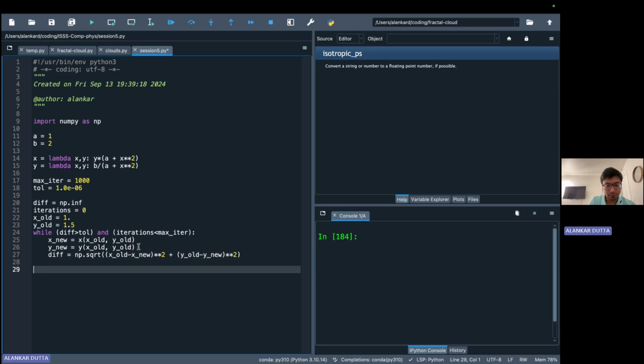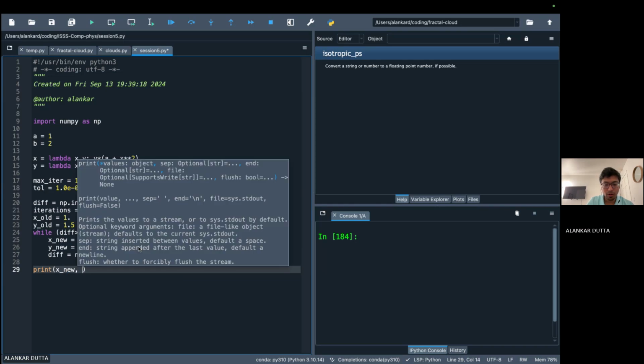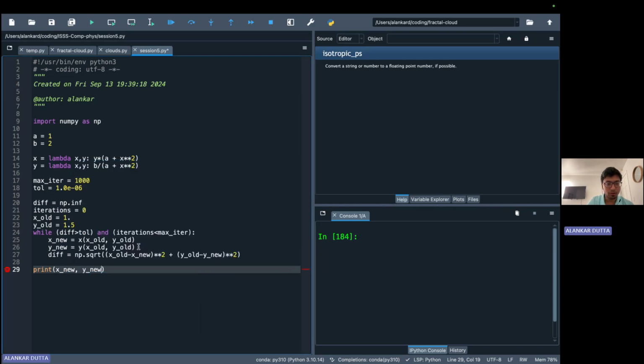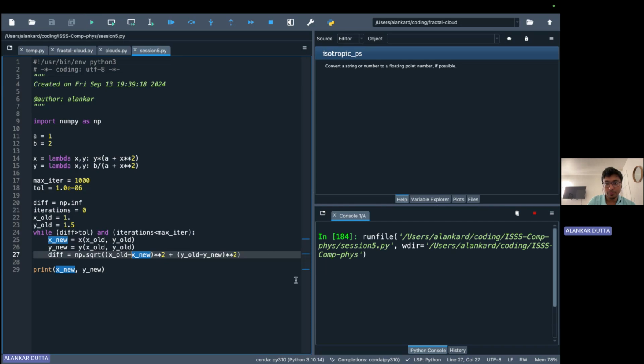And here, now we are going to print x new and y new, just to see what solution we are getting, right? And if I run this, let's see what happens.